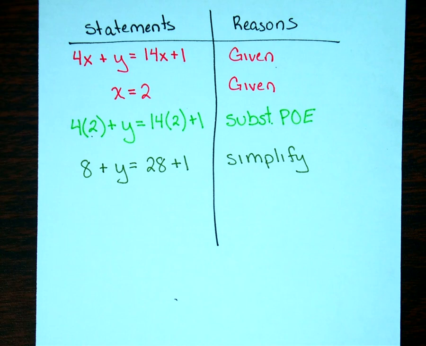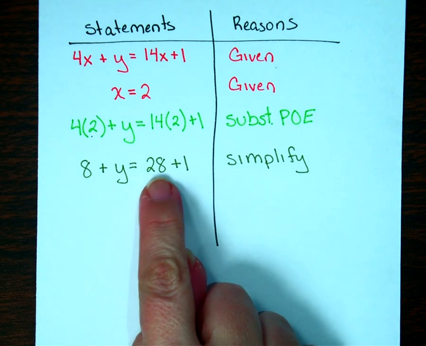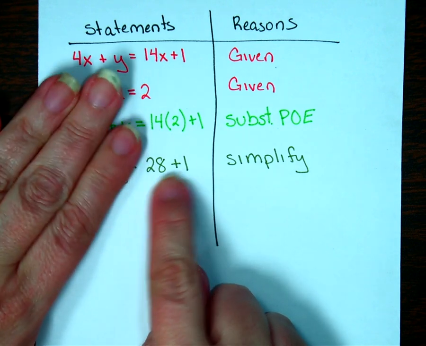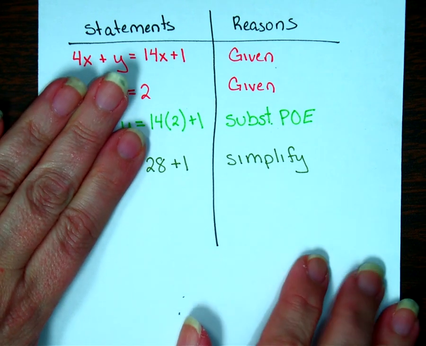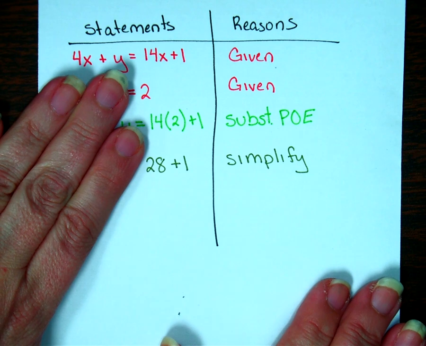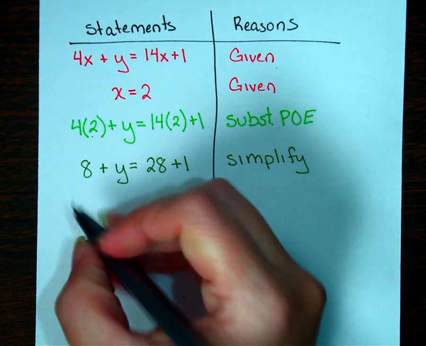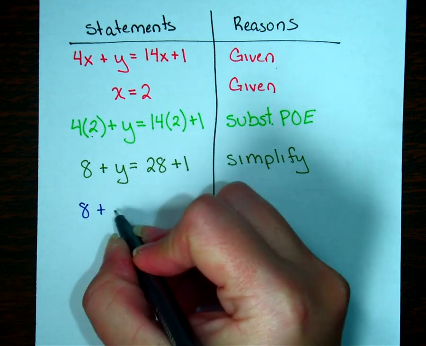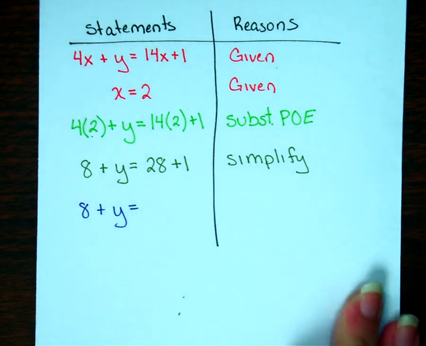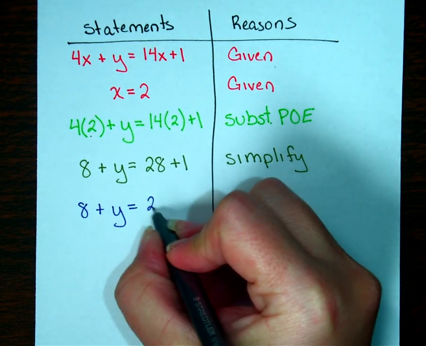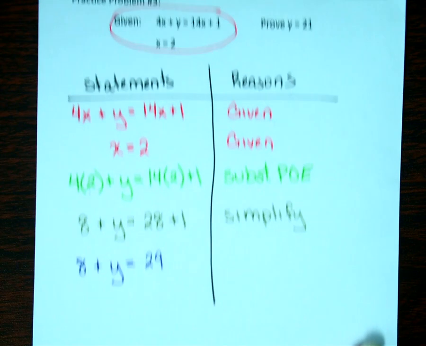Okay? All right, so the next thing I need to do, now I can see I have this 28 plus the 1 on the same side of the equals, which means I can do 28 plus 1. I know that's 29. So I'm going to do that next. 28 plus 1 is 29. So 8 plus y equals 28 plus 1, which is 29.